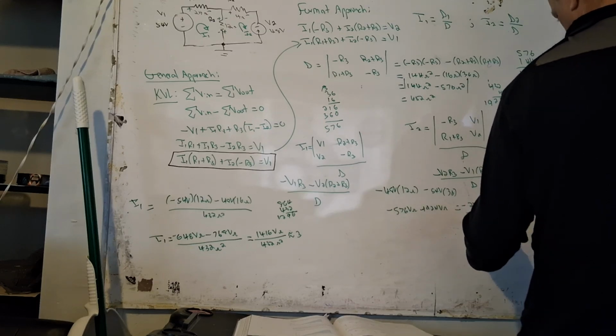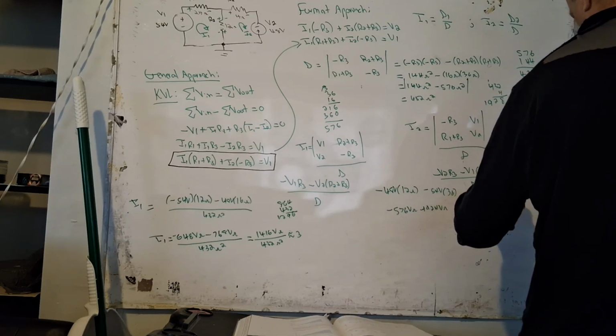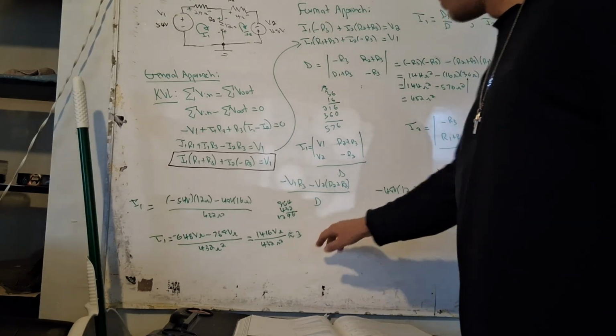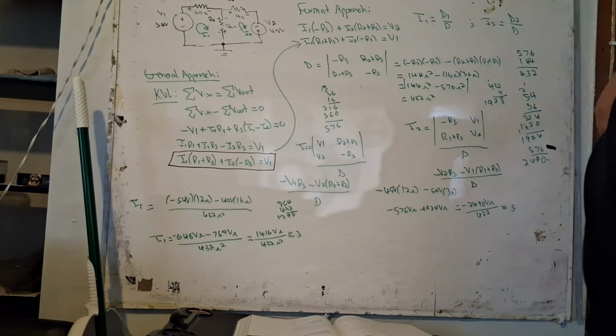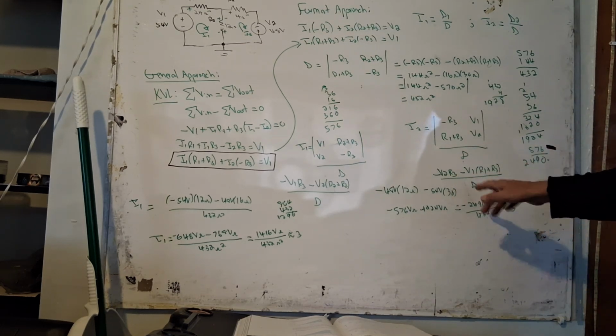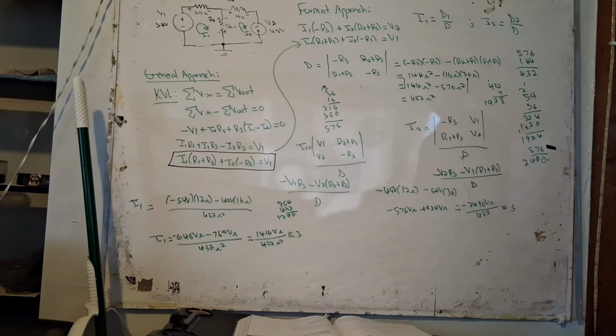So this is approximately equal to 5. Okay. And we're going to subtract this current from this current, and we're getting 2 amps. You can see, I'm not getting the actual number. If you do the calculator, you'll get the actual number probably. But this is actual mesh analysis.